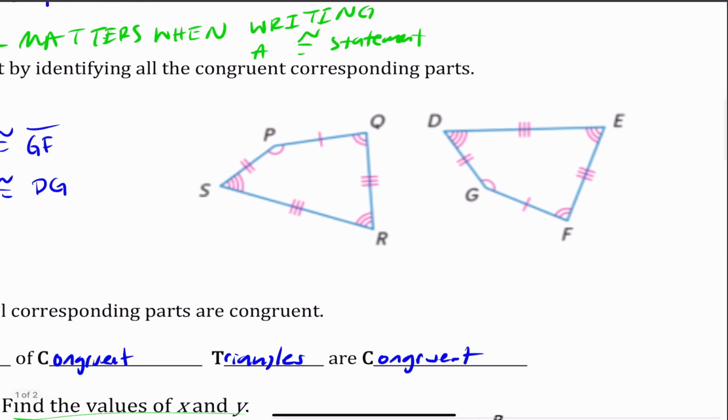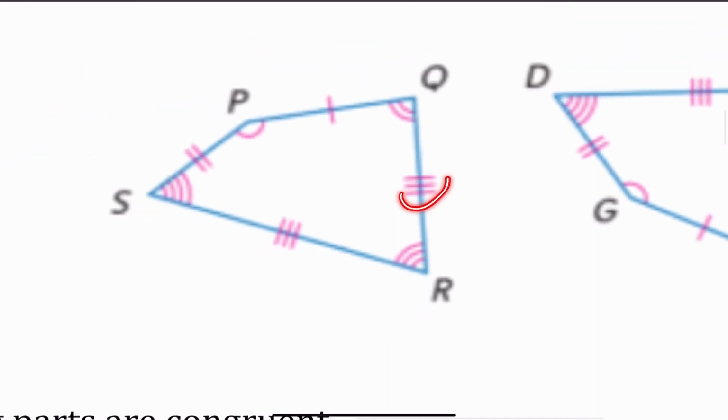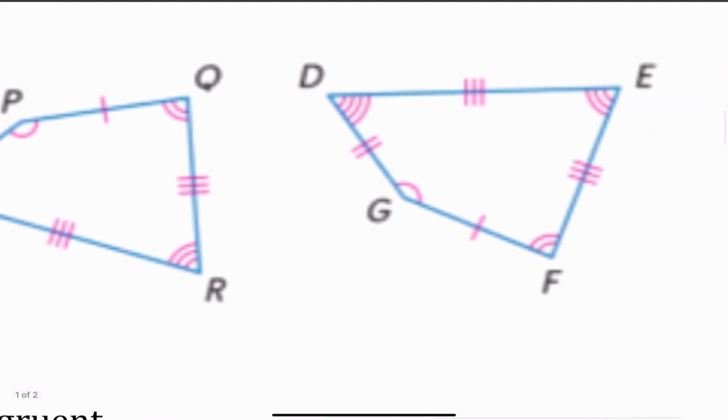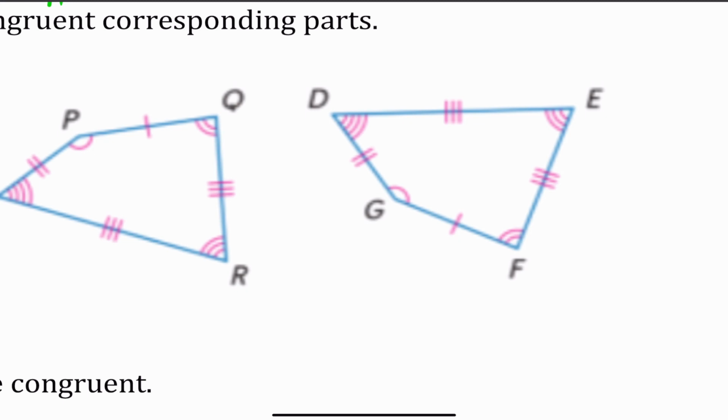And if I were to choose, segment QR, does it correspond with segment EF or segment DE? Well, remember, we're talking about correspondence, or corresponding. We're talking about location. So if we were to take a look at segment QR, those 3 tick marks are between the angles with 2 arcs and 3 arcs. So then that means I need to look at this figure with the 3 tick marks that's between the 2 arcs and the 3 arcs.